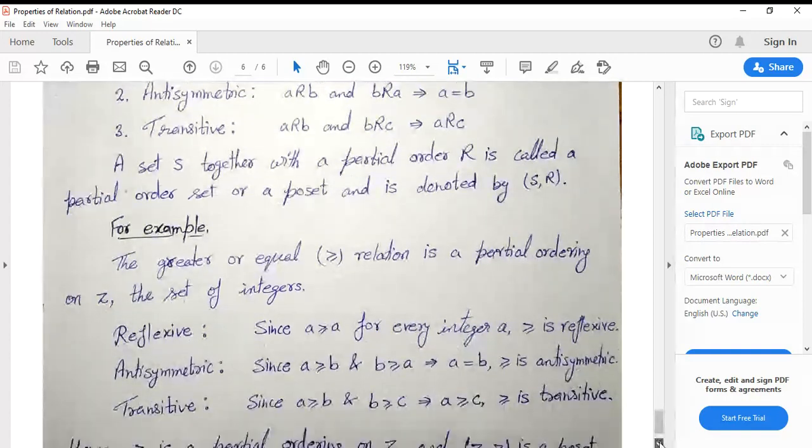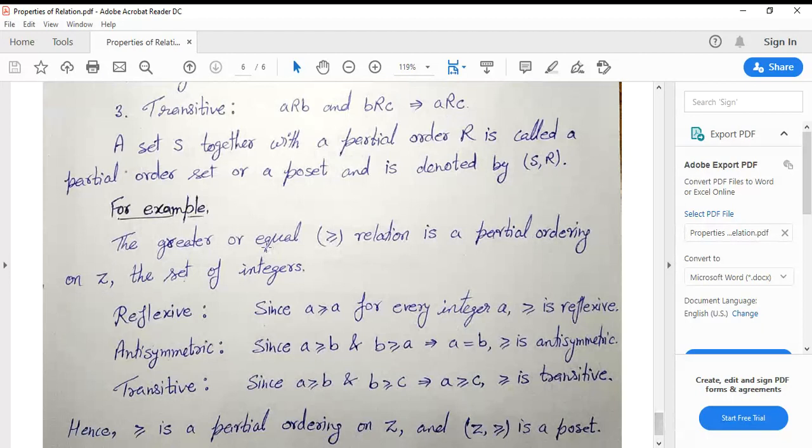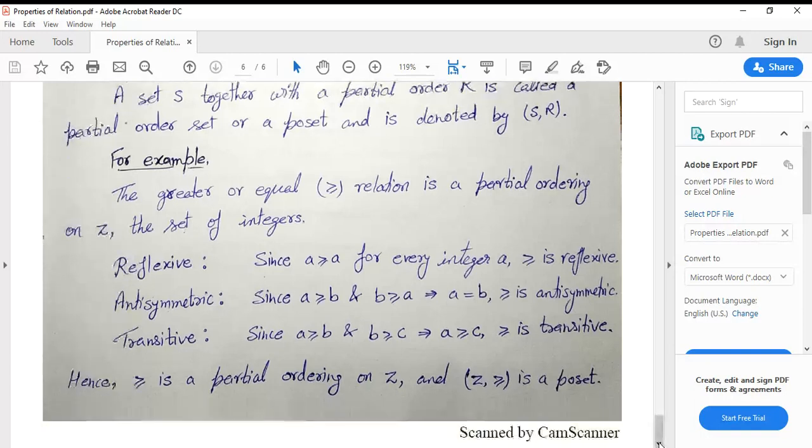Now take an example for this. Here we take the example of the greater than or equal to relation. We have to show whether this greater than or equal to relation is a partial order relation or not, and our set S is the set of integers. First we show the reflexivity condition.